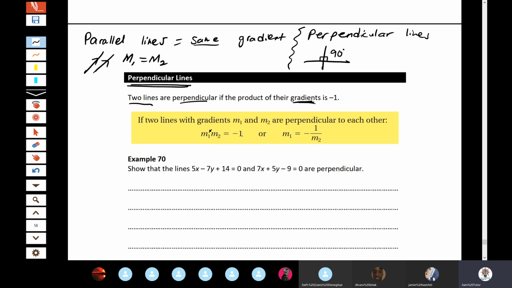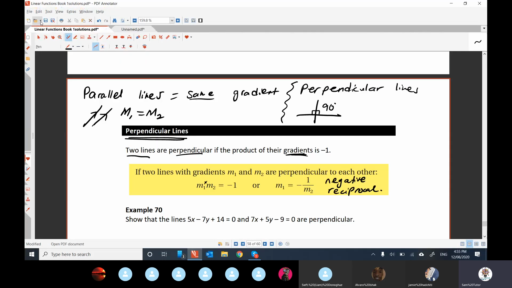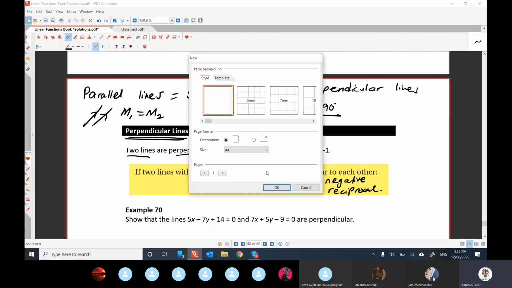But the better way of seeing it is, if you know one of the gradients, it's the negative reciprocal of the other. So negative reciprocal. Now let me show you what that means. Before we continue on this exercise, let's do a few.